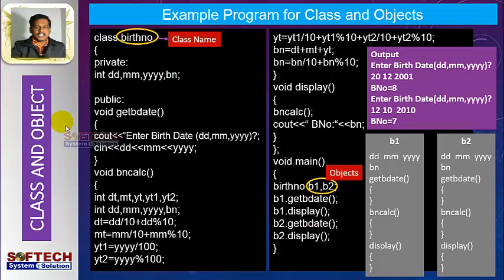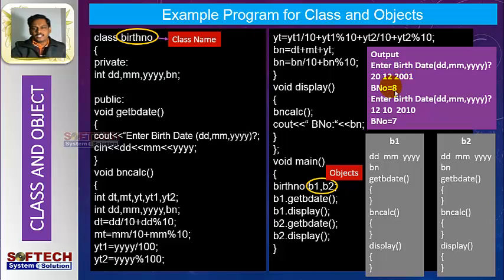This is an example program to illustrate the class and object. Through this program, we find the birth number for the given birth date. For example, the birth date is 20/12/2001. The birth number is 2 plus 0 plus 1 plus 2 plus 2 plus 0 plus 0 plus 1.